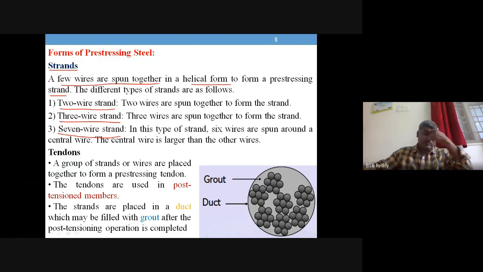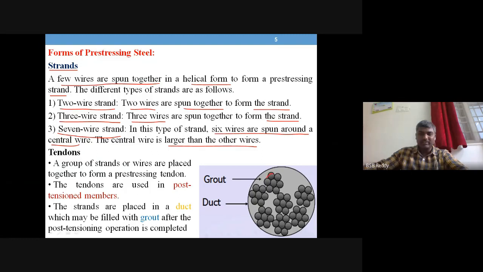A 2-wire strand means we take two wires and spin them together to form a strand. Then 3 wires are spun together to form a strand. Then 7 wires, where 6 wires are spun around a central wire, which is larger than the other wires. So that is about the strands.